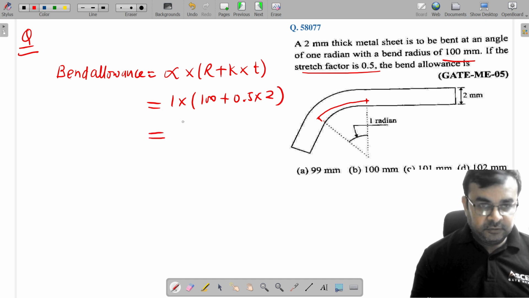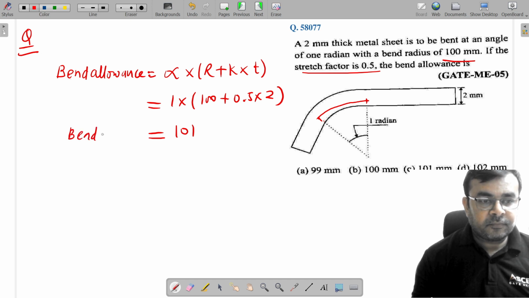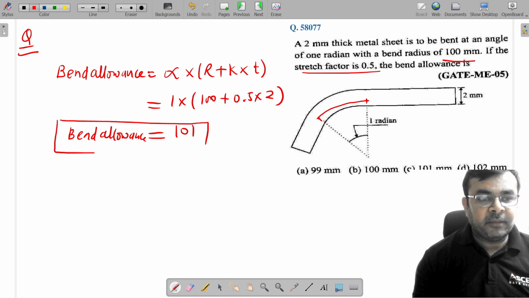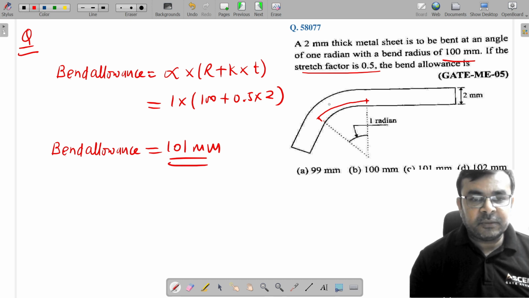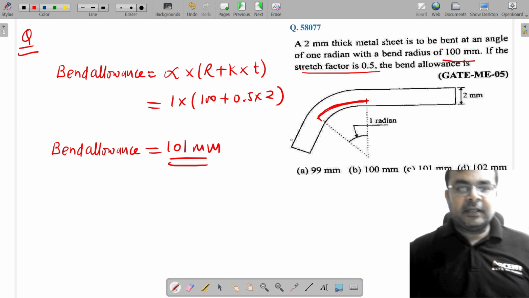So this is 101. The bend allowance is 101 millimeter. So this is a very simple formula, obviously this is called the bend allowance. We need to write this length. Yes or no?